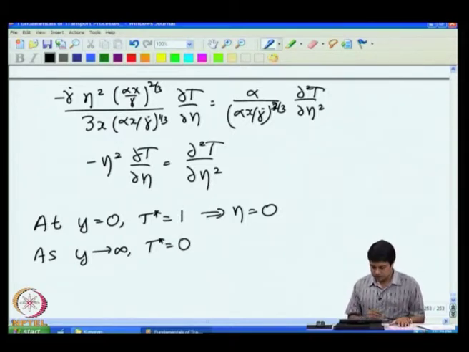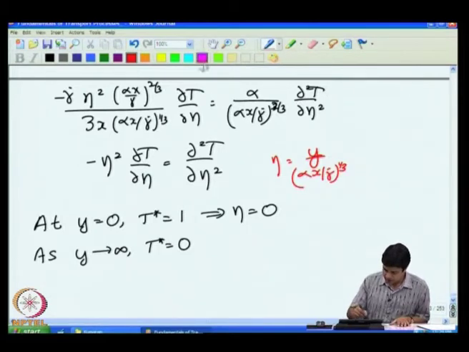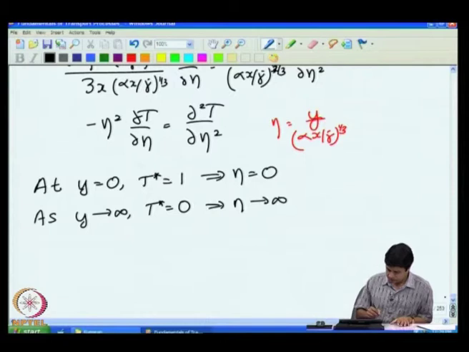Y going to infinity implies that eta is going to infinity. Okay.